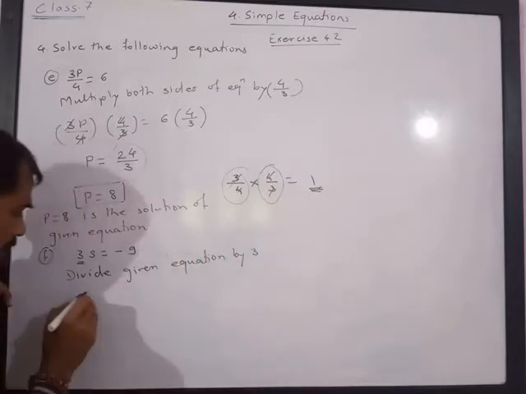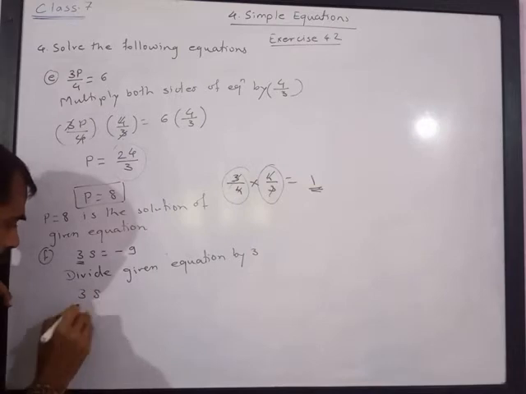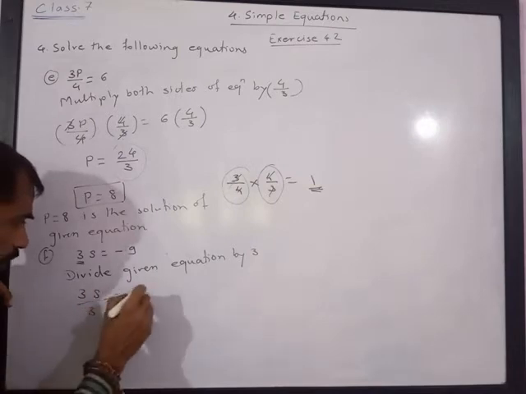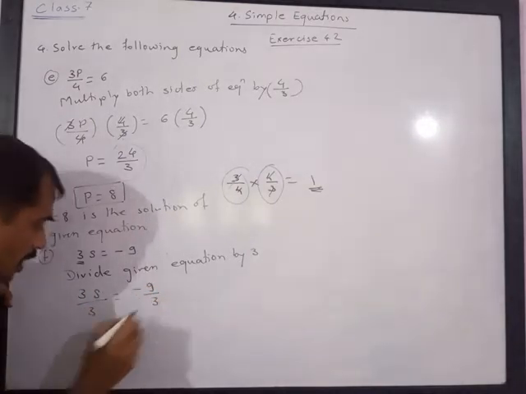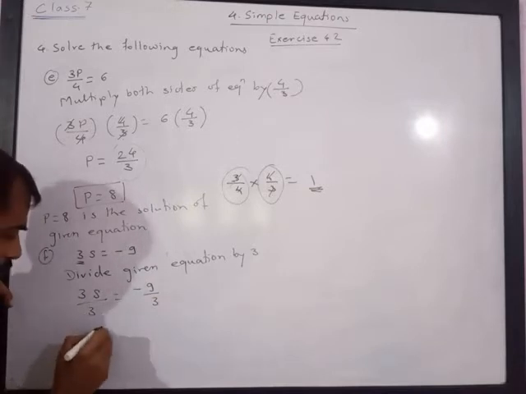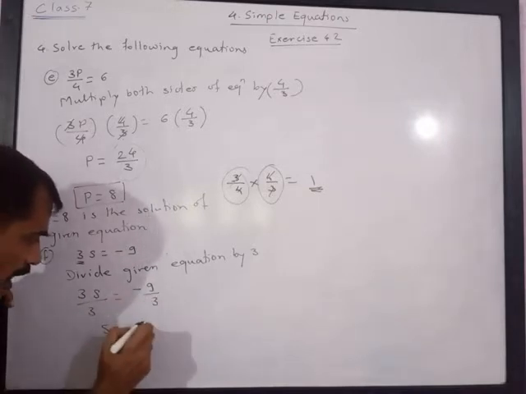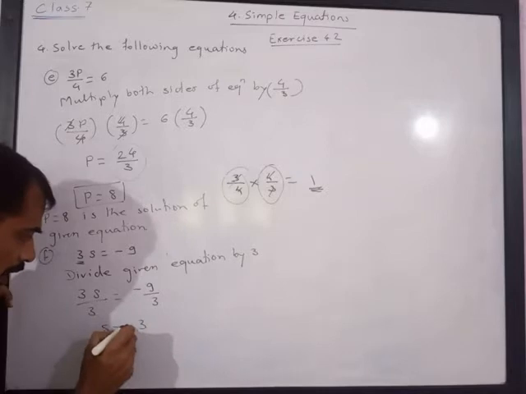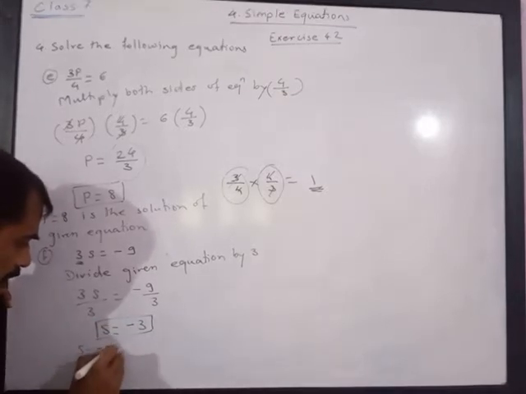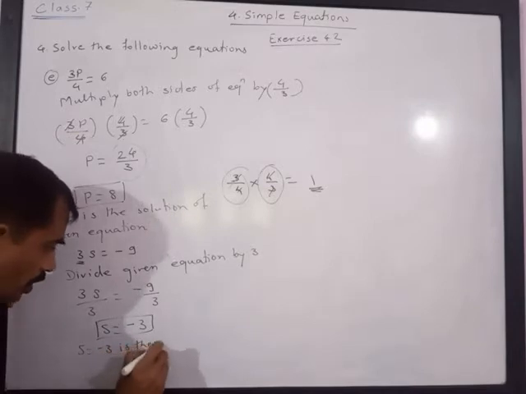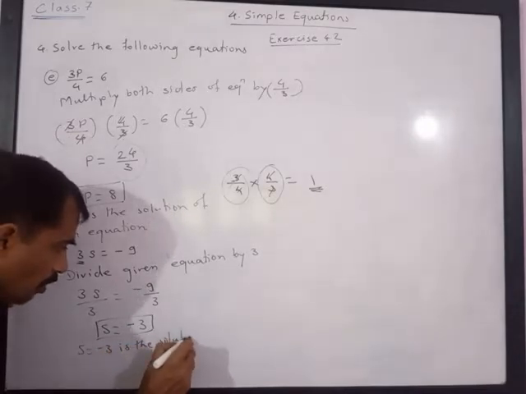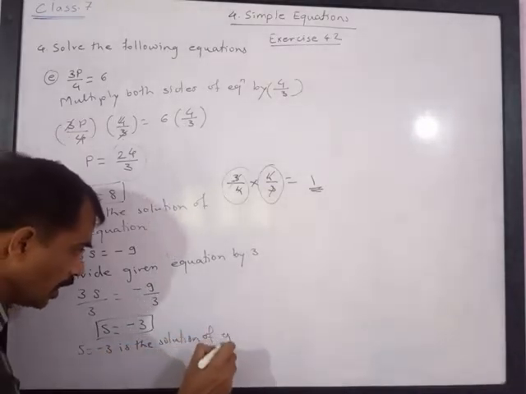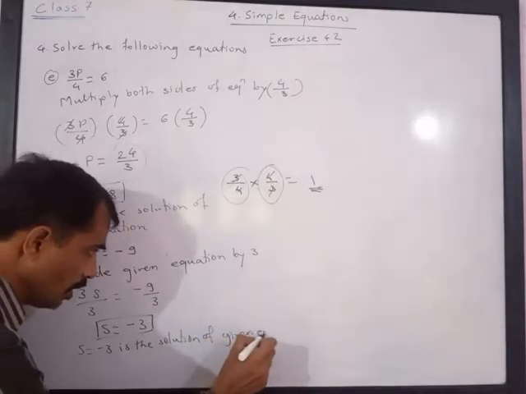We will get 3s upon 3 is equal to negative 9 upon 3. The 3 will cancel with this 3, so we will have s = 3 threes are 9, with the negative as it is. So we will get s = negative 3 as the solution of the given equation.